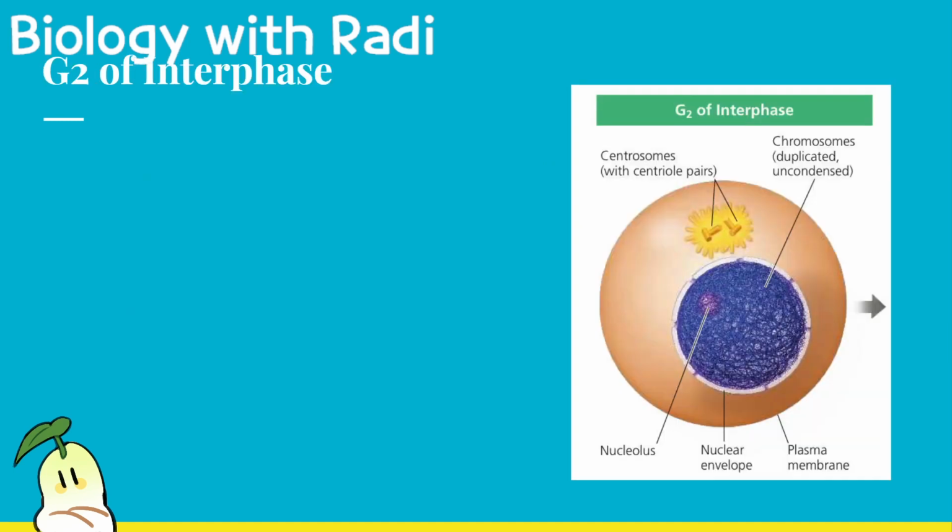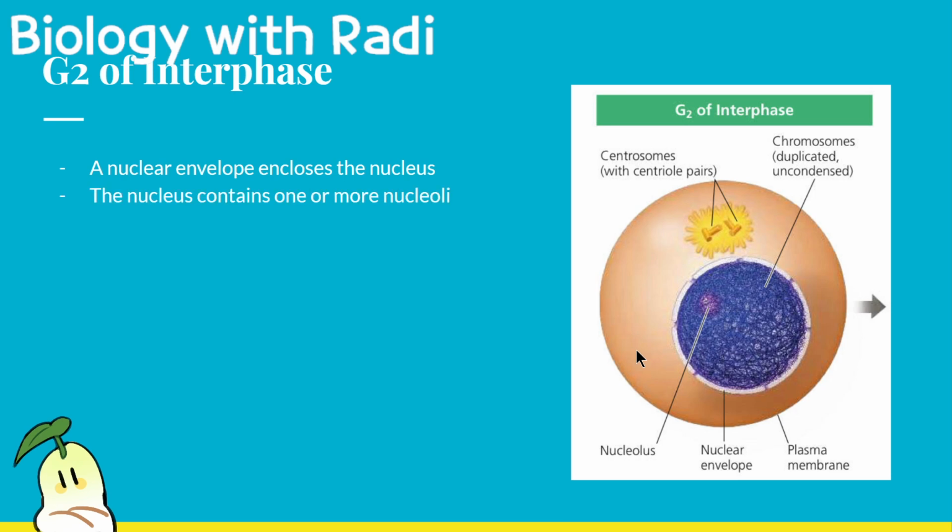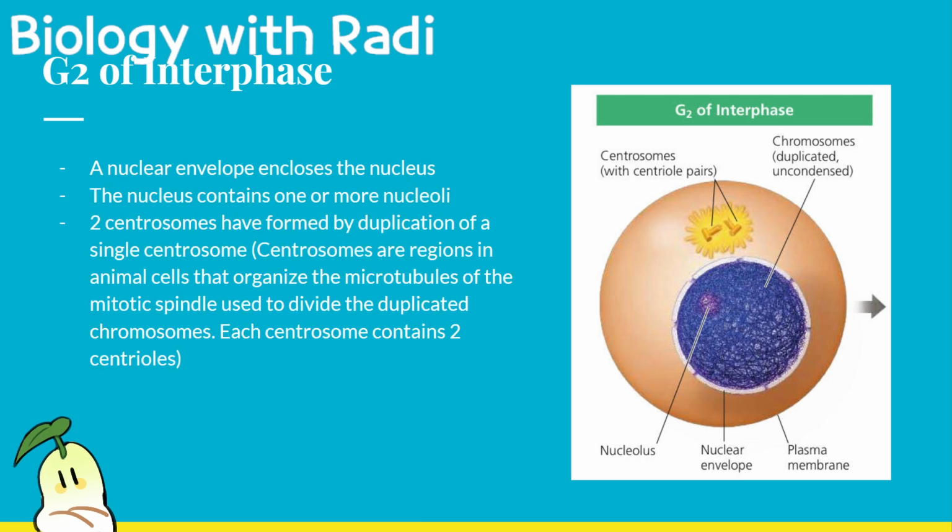First, let's roll back a little and take a look at the end of the G2 phase to see what the cell looks like right before it enters prophase. Some notable characteristics include the fact that a nuclear envelope encloses the nucleus. The nucleus contains one or more nucleoli. Two centrosomes have formed by duplication of a single centrosome.